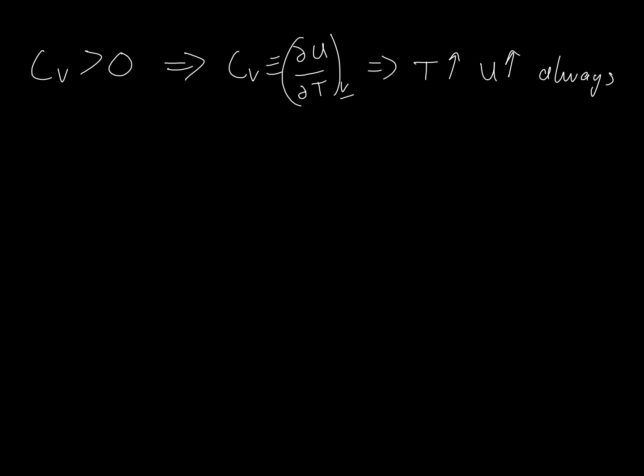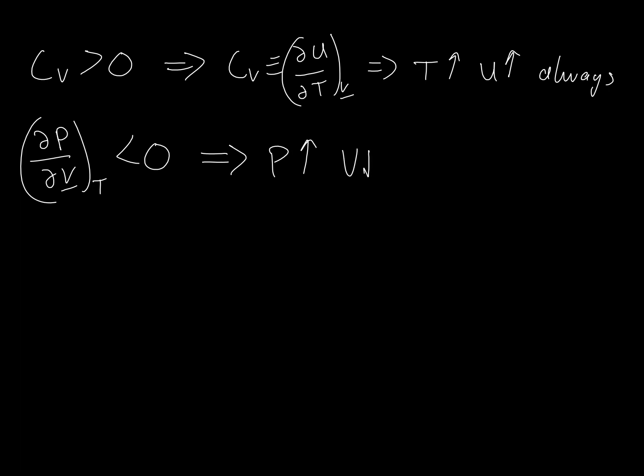Totally reasonable conclusion. The other important conclusion is that dP dV at constant T is less than 0. This is going to be a very important relationship for us.